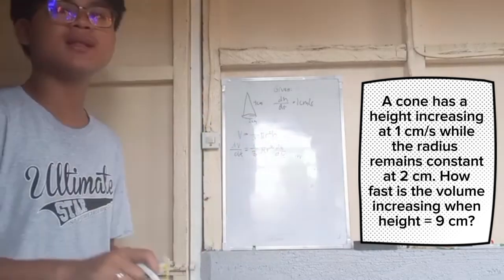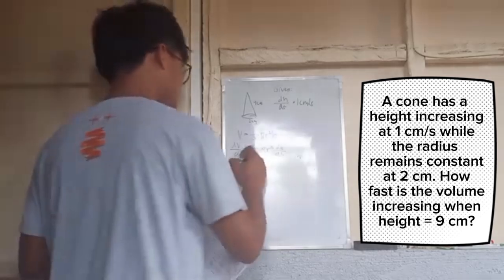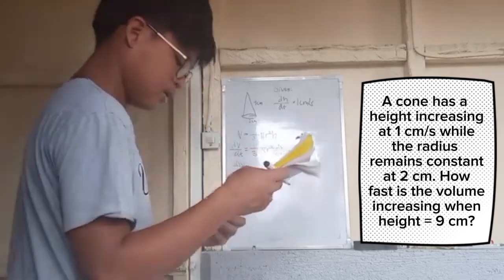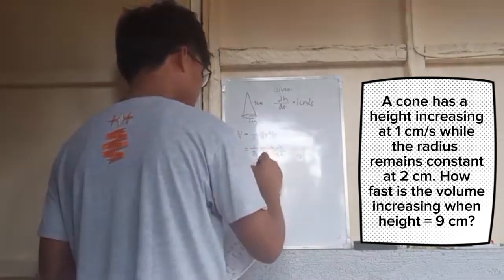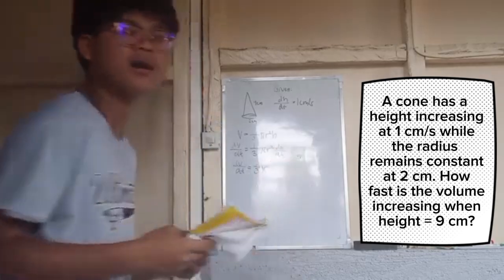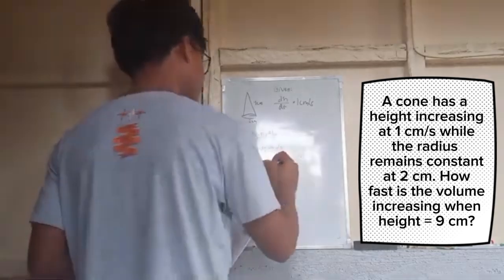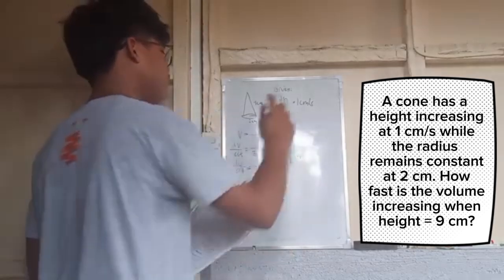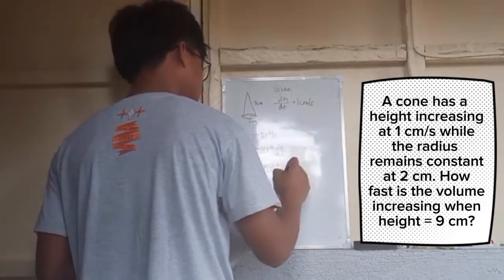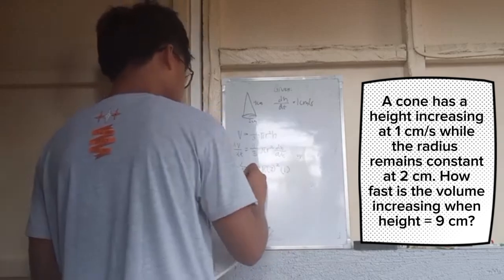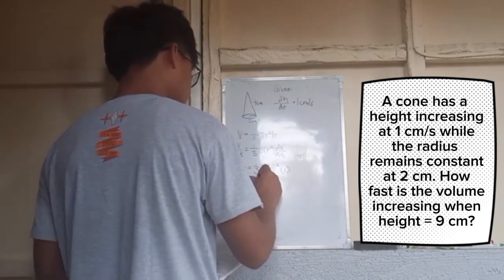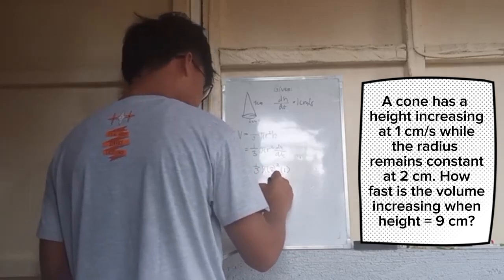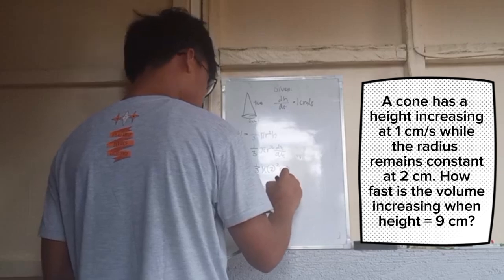Then substituting the given value in the problem, so dV over dt, copy only, then 1/3 pi, then our r is equal to 2 centimeter, 2 squared, our dh over dt is equal to 1 centimeter, 1, then solve dV over dt equal to, we will come up to the value of 1.33 centimeter cube per second.